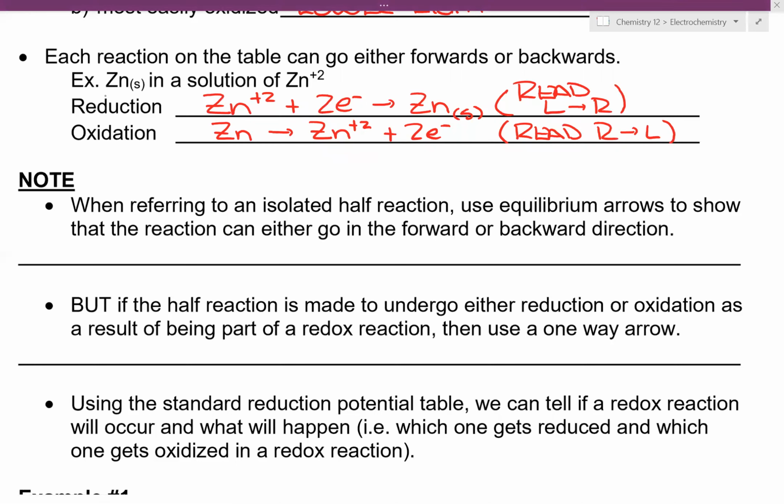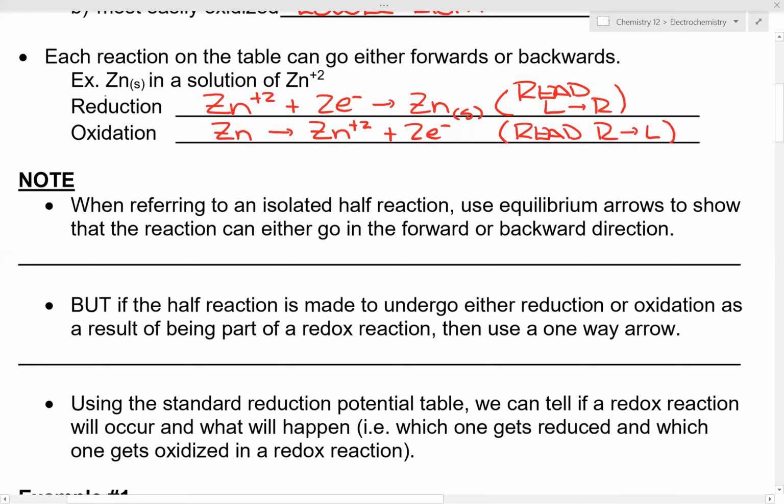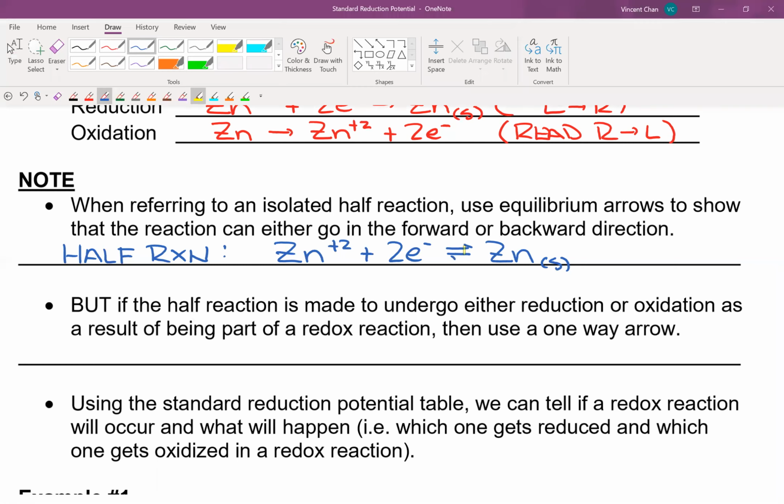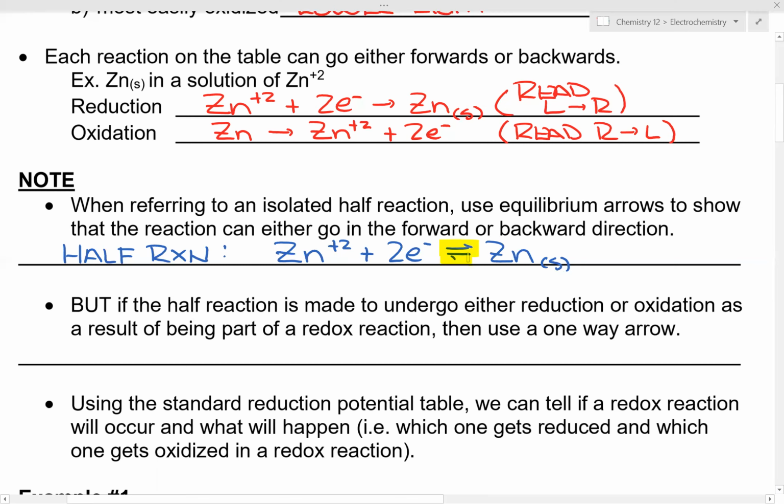If we were to just say the half reaction of zinc, and I don't specify if it's oxidation or reduction, I would write zinc 2 plus plus 2 electrons in equilibrium with zinc solid. Notice here I use the equilibrium arrow.